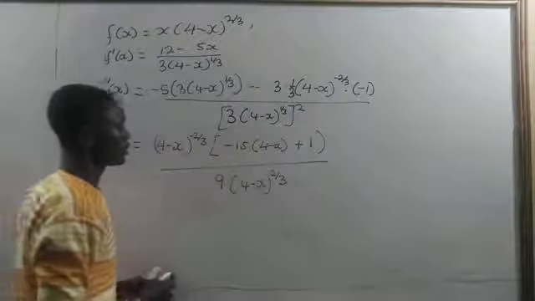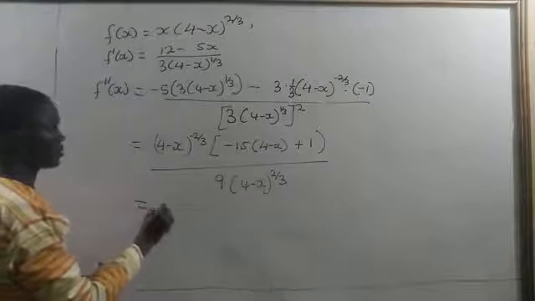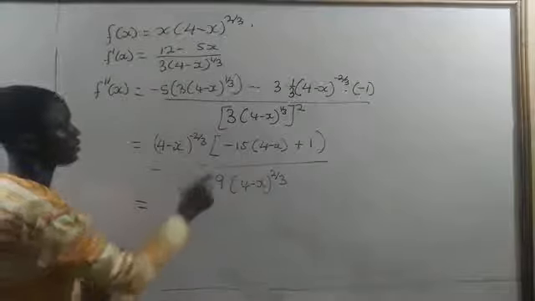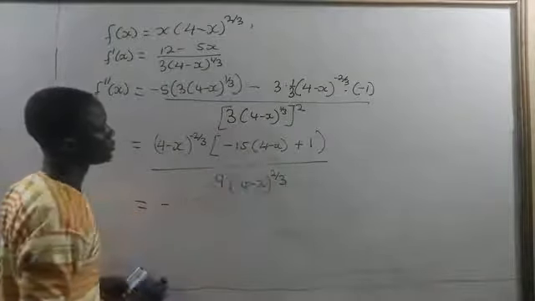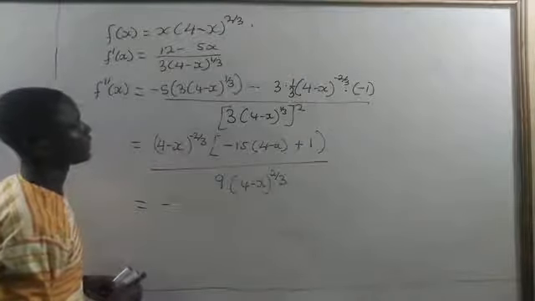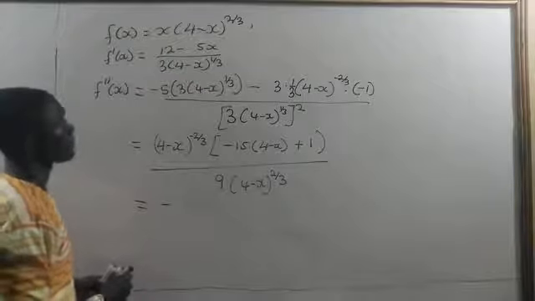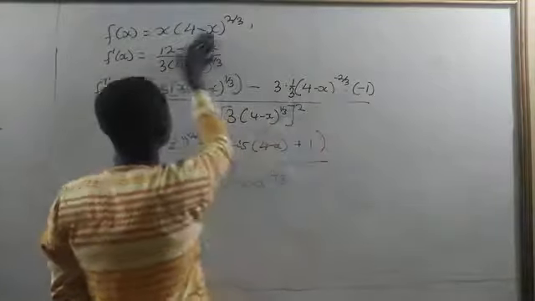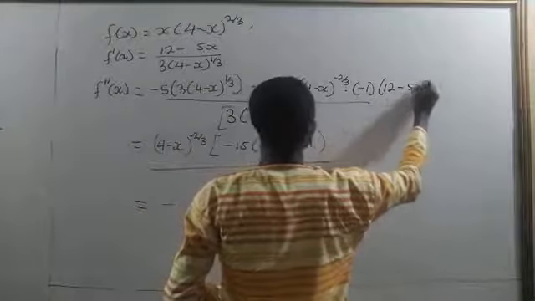So now let's move on. So this will give us minus 15 times 4. So here minus 15 times 4 will give us, oh wow, there's a mistake here. I didn't multiply this, times 12 minus 5x.